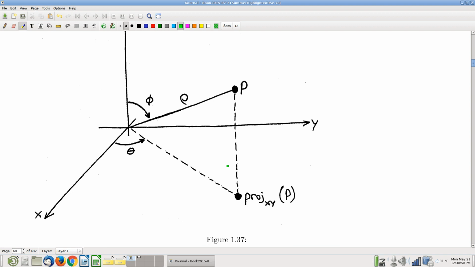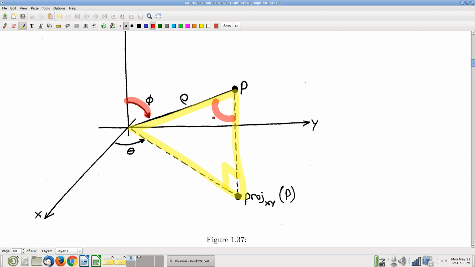And the main thing comes down to looking at this triangle right here. This is a right triangle. And one thing that leaps off the page at you is that this angle phi is the same as that angle there. So what we're looking at is a right triangle for which we know one of the angles.